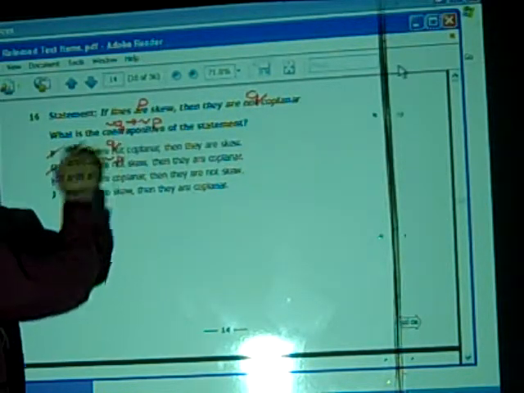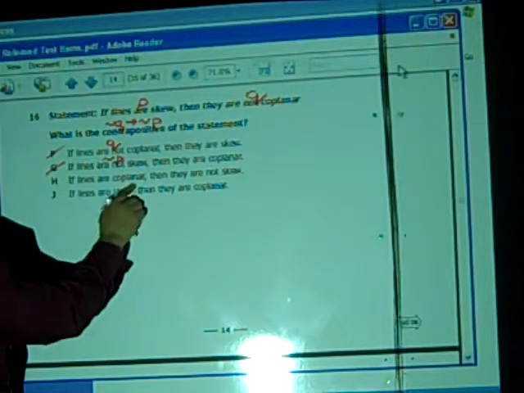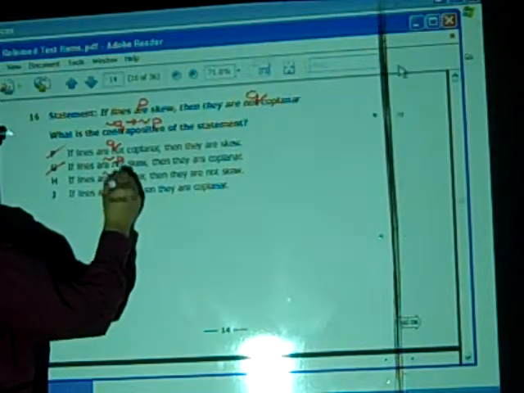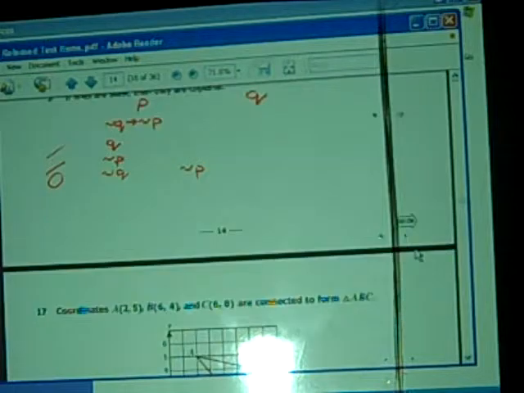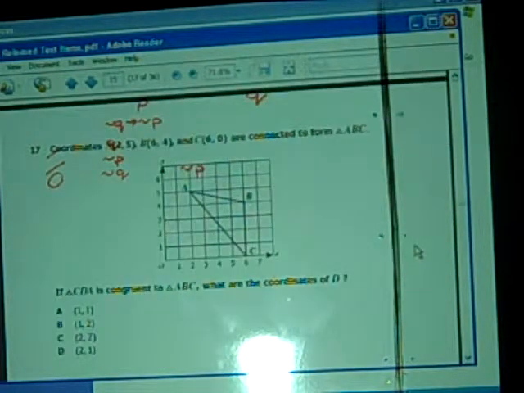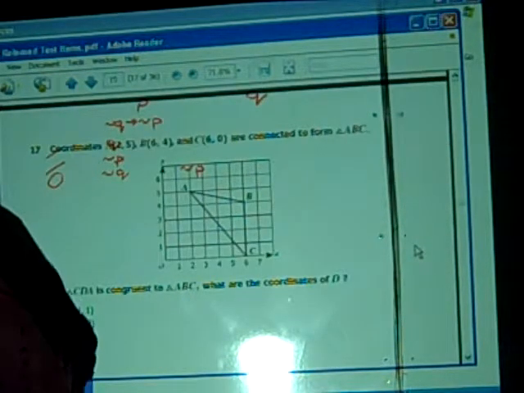We're looking for not Q implies not P. If lines are coplanar, that's not Q. Then they are not skewed, that's not P. The answer is H. The accuracy on these questions is really indicative of whether or not people have used those letters. The people that use the letters generally get more of them right, so I suggest that you use the letters if you can.